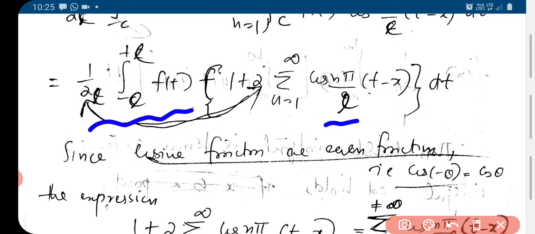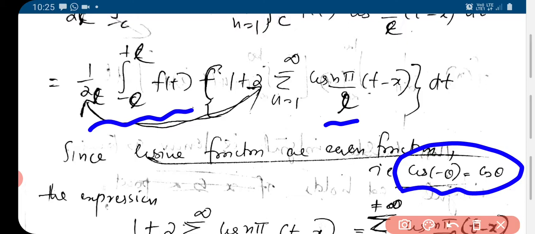And since cosine function is an even function, that is cos minus theta is cos theta, here suppose I take minus n for negative values of n or positive values of n, both will give us the same result because it is an even function. So it is immaterial whether the value of n is positive or negative.